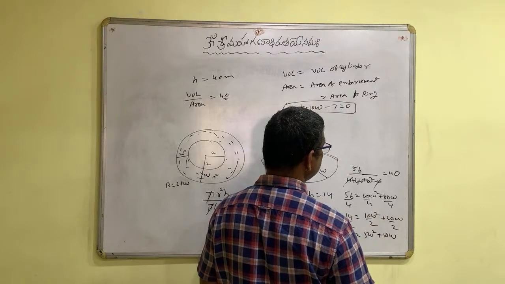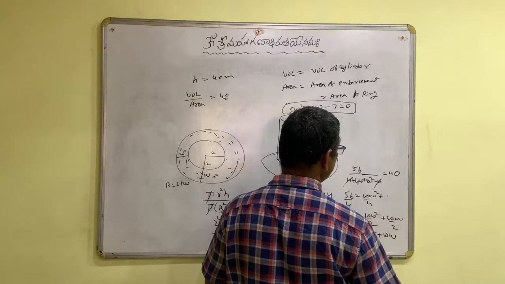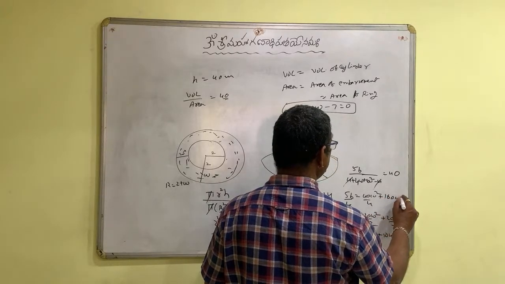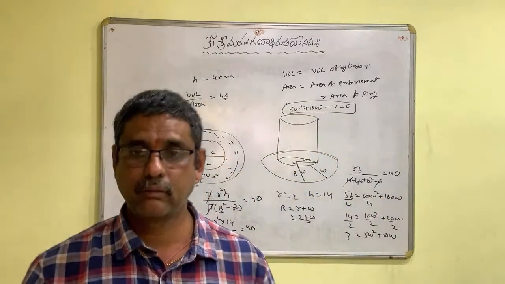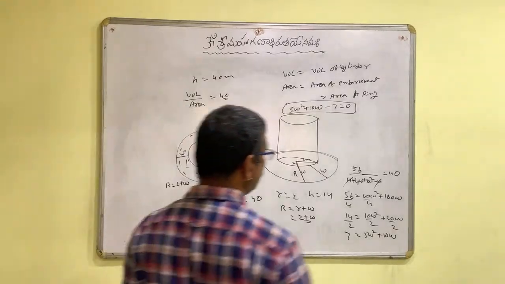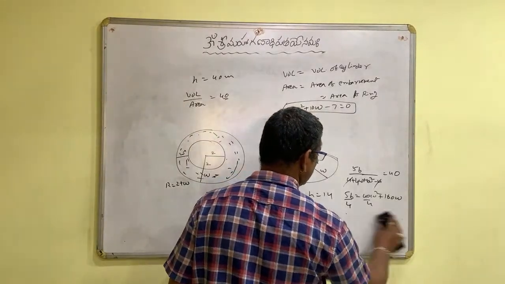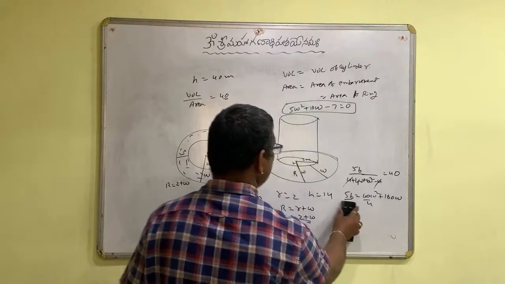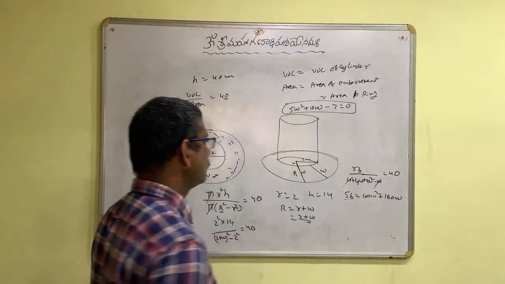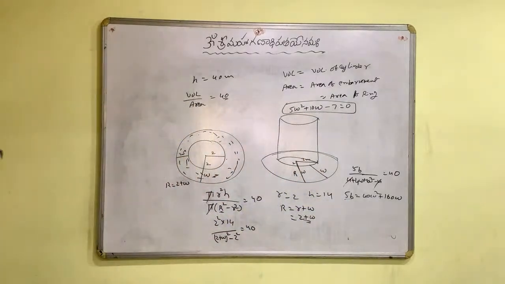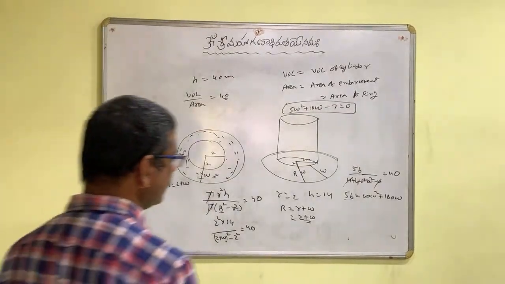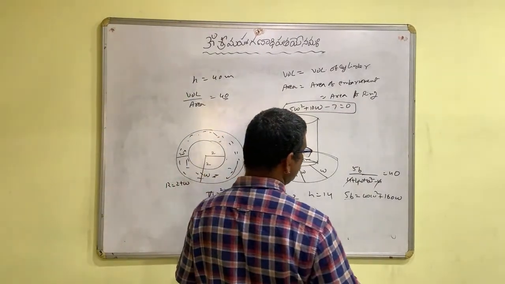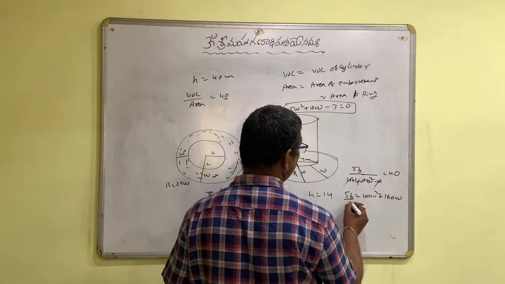W square plus 160W. 160W plus 40W square. So we go ahead with the 4 table.